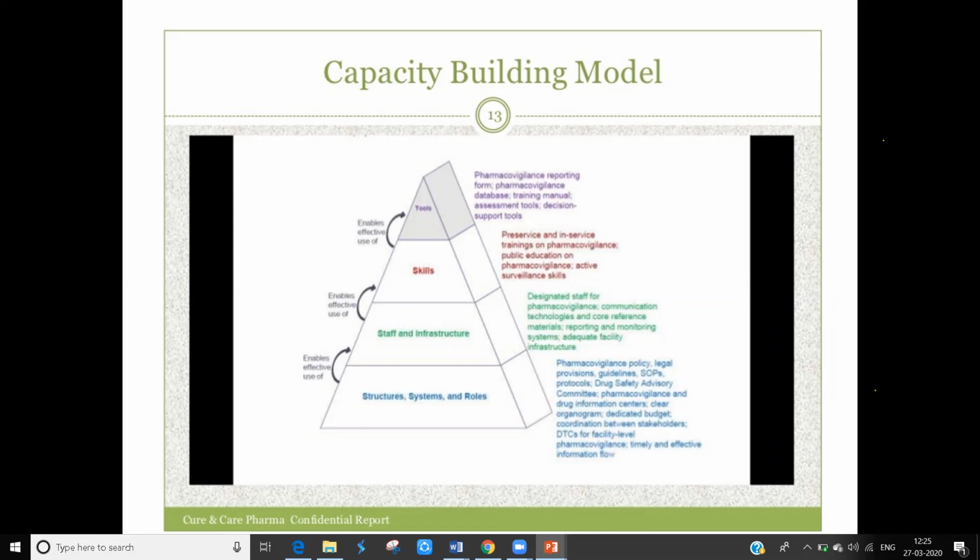So here in the structure, systems and roles, you should have a pharmacovigilance policy, legal provisions, guidelines, SOPs, protocols, drug safety advisory committees, and a pharmacovigilance and drug information center. Many times the pharmacovigilance center is also the drug information center, where any information regarding the drug can be given.